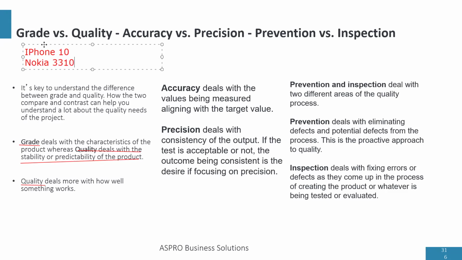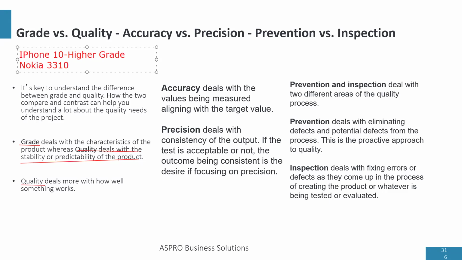Now, when we talk about grade, we're talking about characteristics. And in terms of these two phones, iPhone 10 has a higher grade. Why? It has features that Nokia 3310 does not have. Nokia 3310 is an old phone. It's not even a smartphone. I'm not sure they built a smart version, but the old Nokia 3310 doesn't have as many features as iPhone 10. iPhone 10, being a smartphone, has a lot of apps, and you can do so many things.